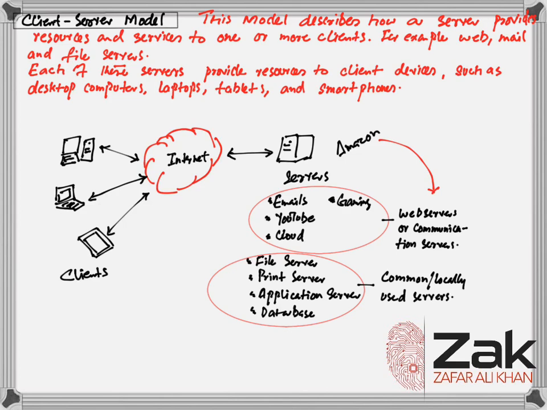So applications are maintained by the application server, and whenever someone tries to open that application, it gets executed on the client side on the go. And the database servers are responsible for all the data which is kept by the company, and it is provided to the user as per their levels of accessibility.